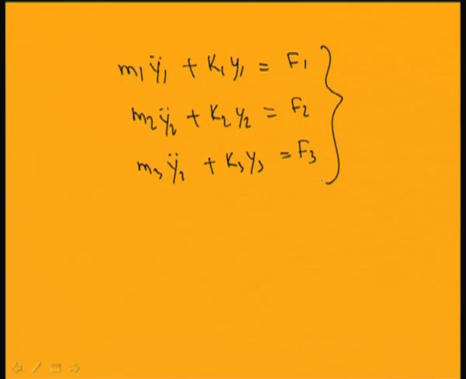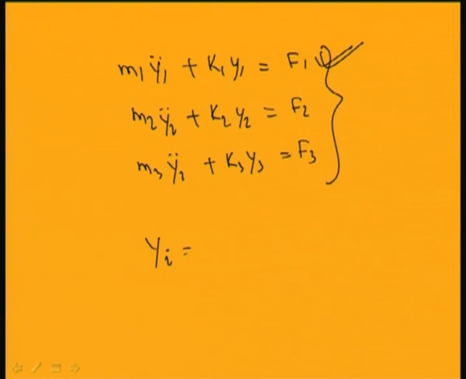Now, in case of single degree of freedom systems, you know the solution of this type of equation. So, you can take the first equation; its solution will contain two parts. The first part is the complementary function and the second part is the particular integral.